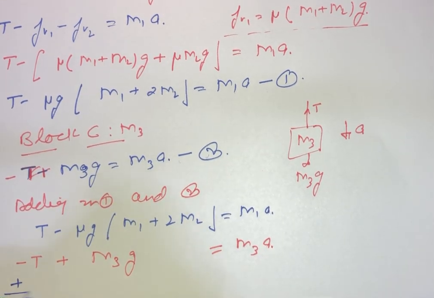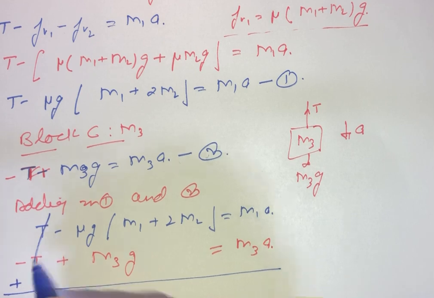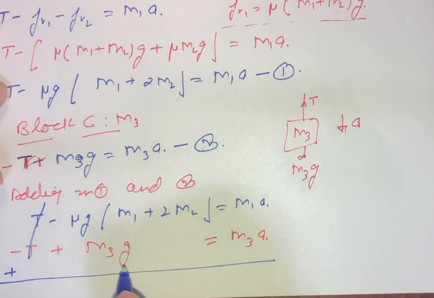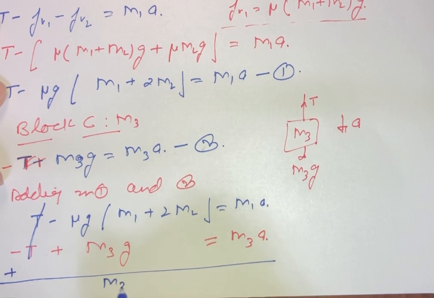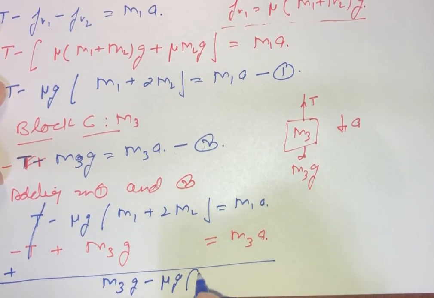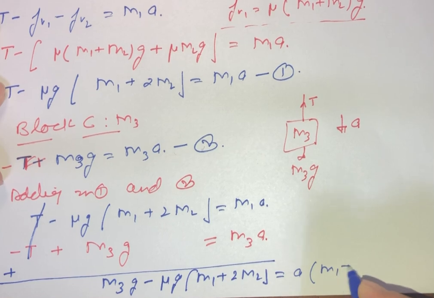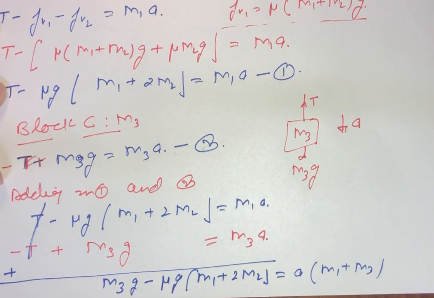So we are going to add them. T cancels out with T. So we get this as equation as m3g minus mu g m1 plus twice m2 is equal to a m1 plus m3.